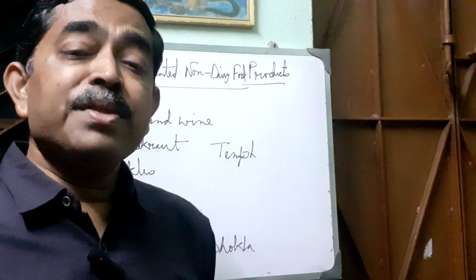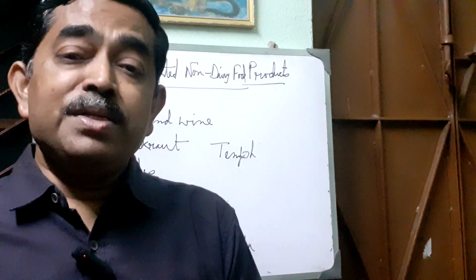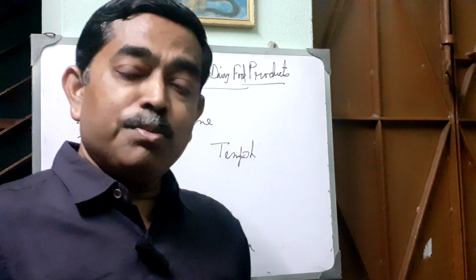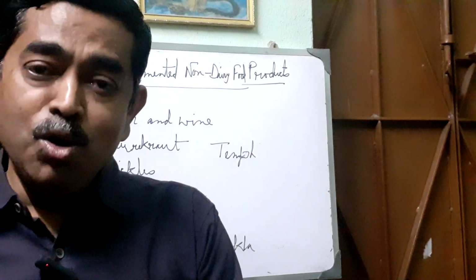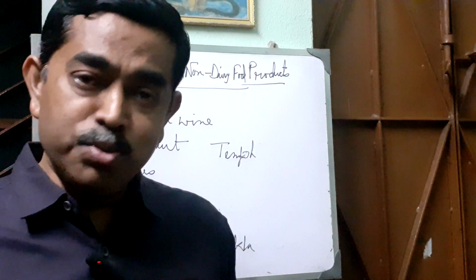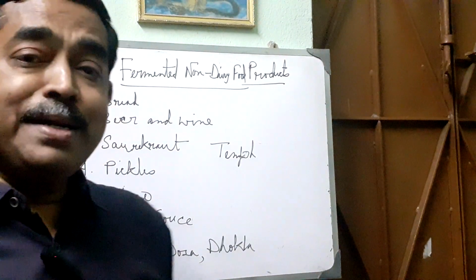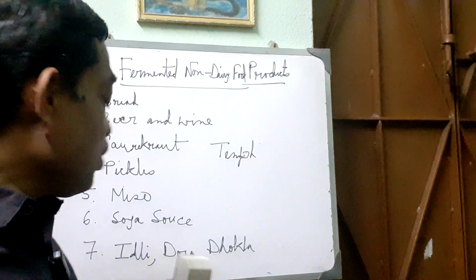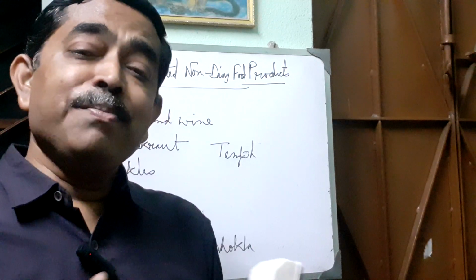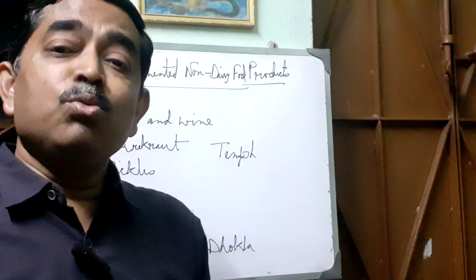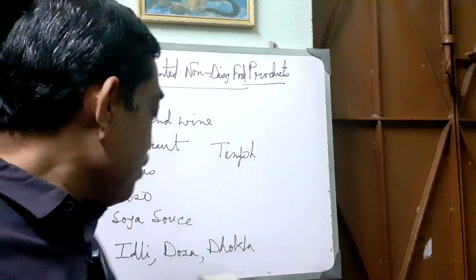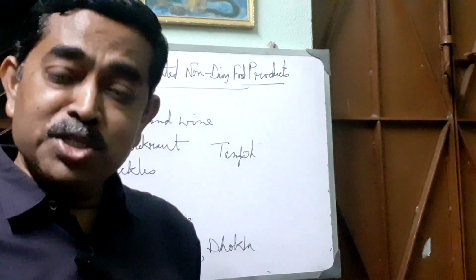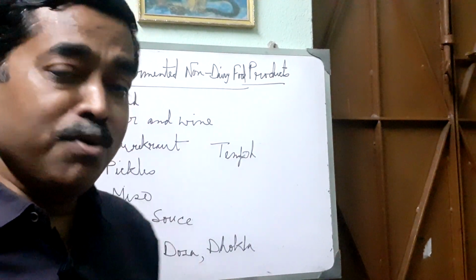In case of idli, generally rice and black gram, mungo or urd beans, are used for its production. And here the Leuconostoc mesenteroides bacteria are generally used for fermenting the idli. In case of dosa, also rice and black gram are used, and it is also fermented by bacteria like Leuconostoc mesenteroides and Pediococcus cerevisiae.